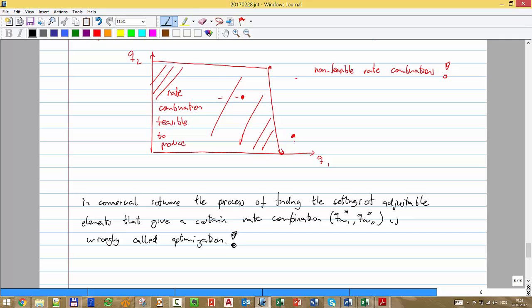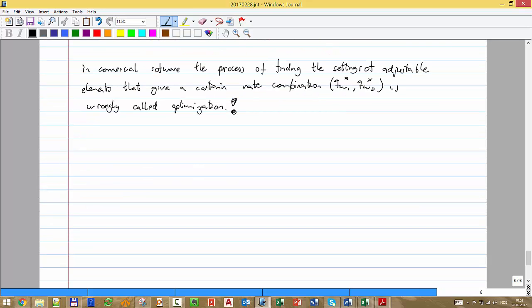For example, you want that particular combination and you're trying different openings with some numerical method. Okay, you have Newton-Raphson or something to try to drive exactly those rates to the values that you want. So for example, we have our network model that depends on the opening of choke 1 and the opening of choke 2.